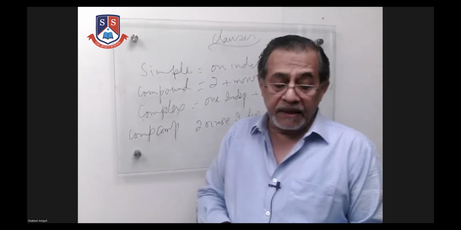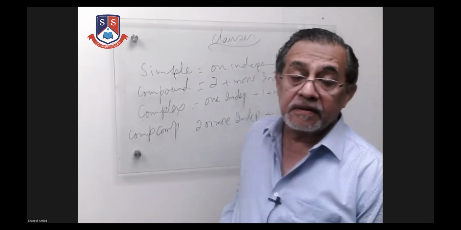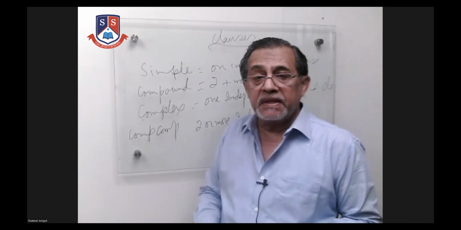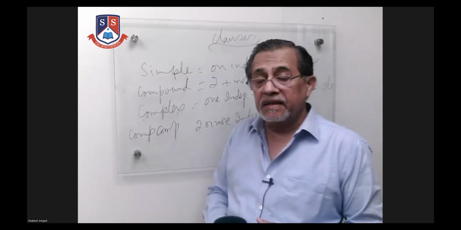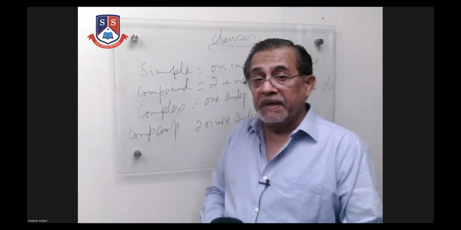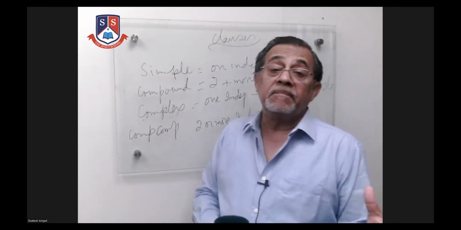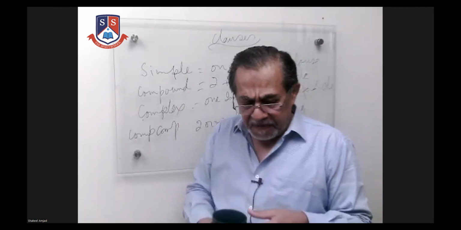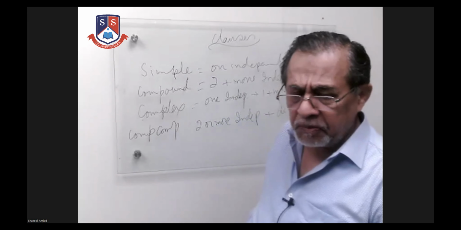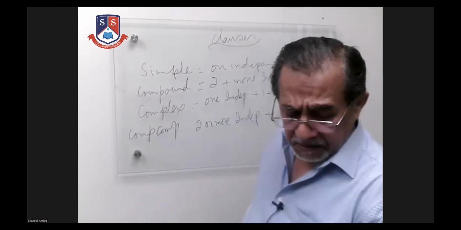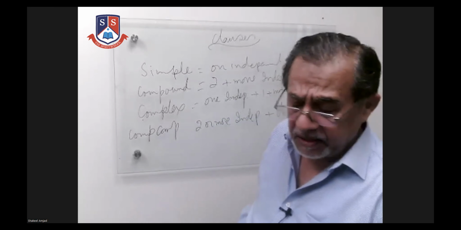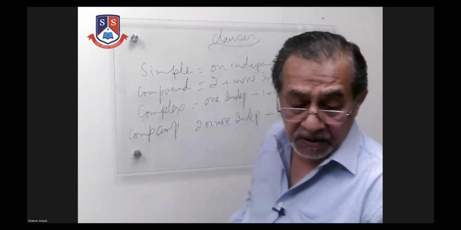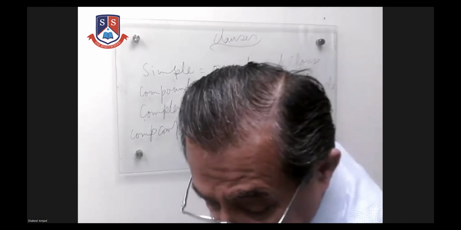So these are the 4 types of sentences, right? A simple sentence, a compound sentence, a complex sentence, and a compound complex sentence. I told you about the compound sentence. A simple sentence is obviously a clause, right?